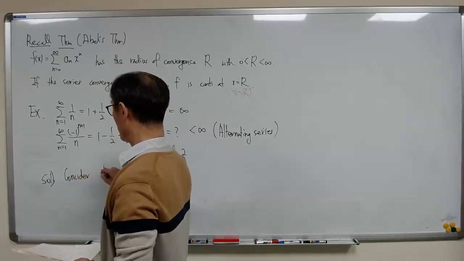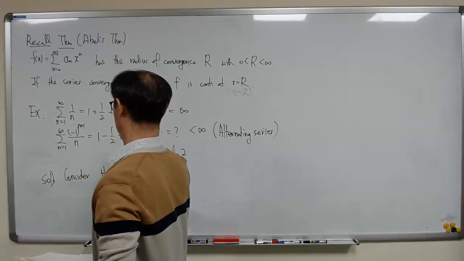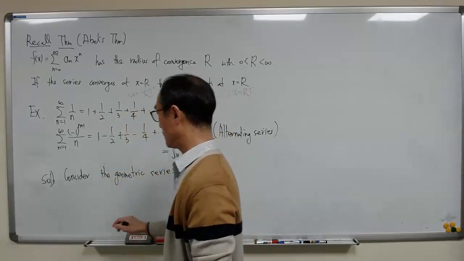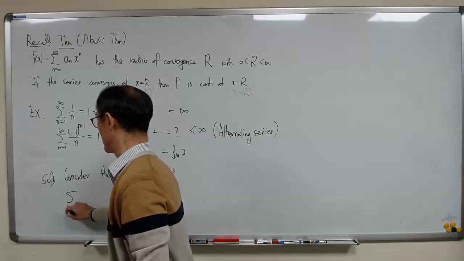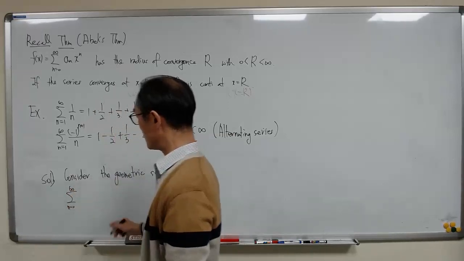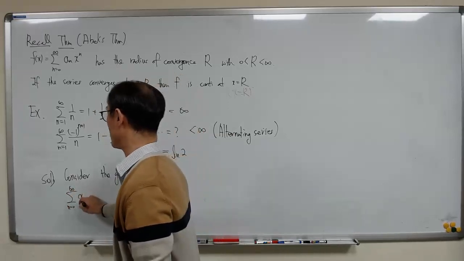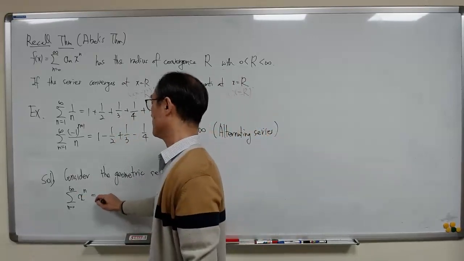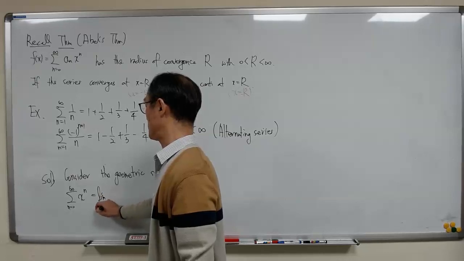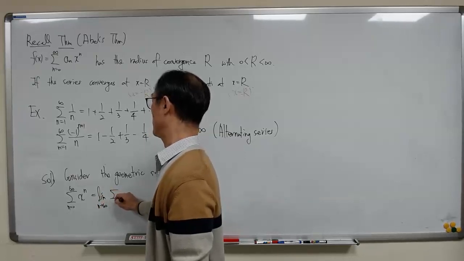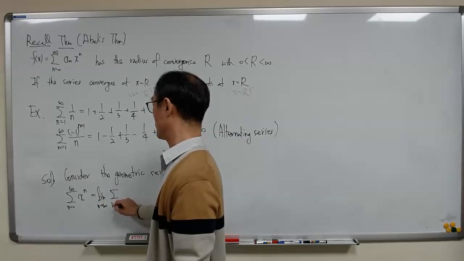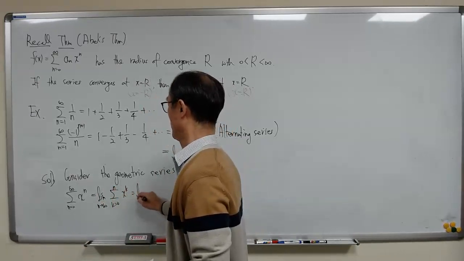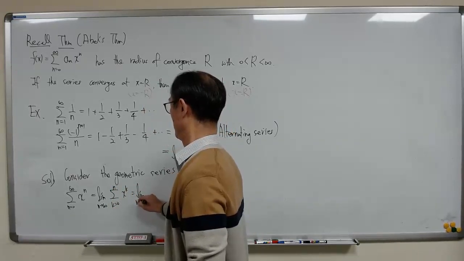let's consider the geometric series defined by the summation, as n goes from 0 to infinity, of x to the nth power. Then this is going to be the limit as n goes to infinity of the finite summation as k goes from 0 to n of x to the k.